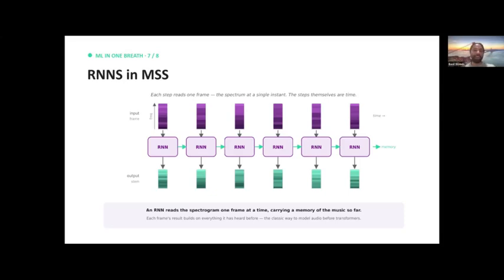The main drawback for RNNs in music source separation was that it's very slow to train. And this is because you see how information flows. Each subsequent layer can only be calculated once you've got the layer before that.